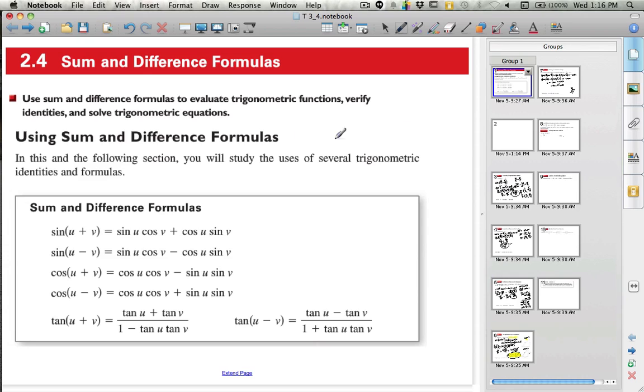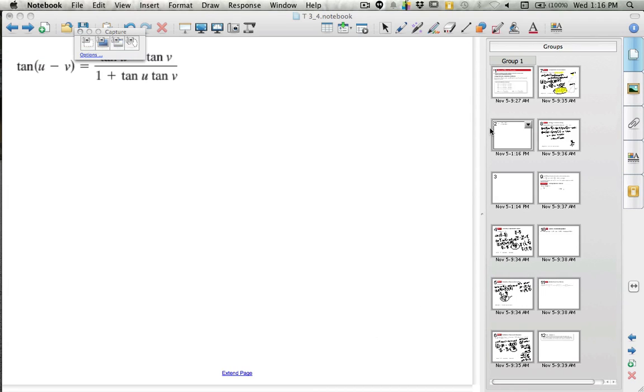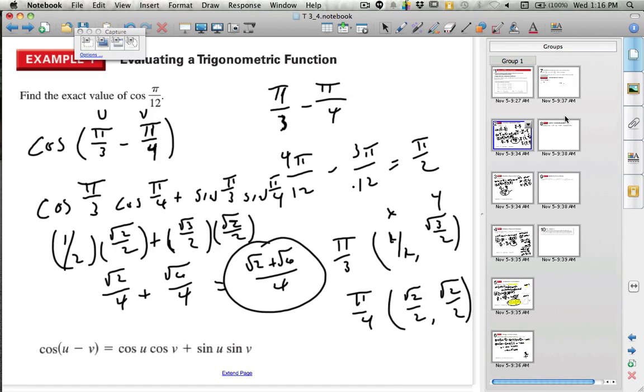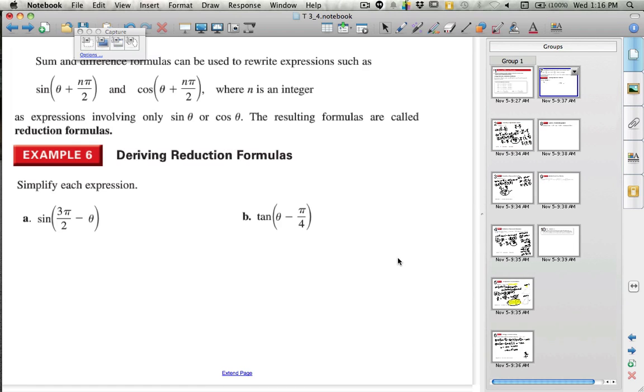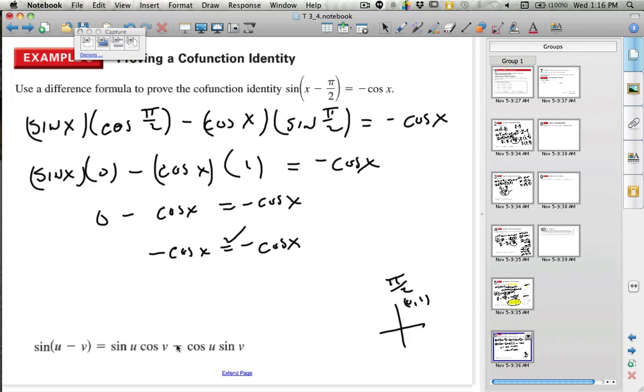Let's go ahead and get those really quick. Here's the difference tangent, and I'm going to grab that one. And we used the difference of sine on the previous page, so I'll just copy that and bring it over.